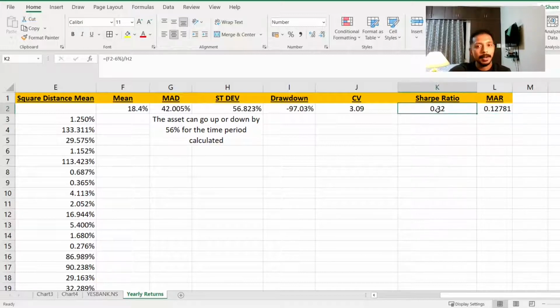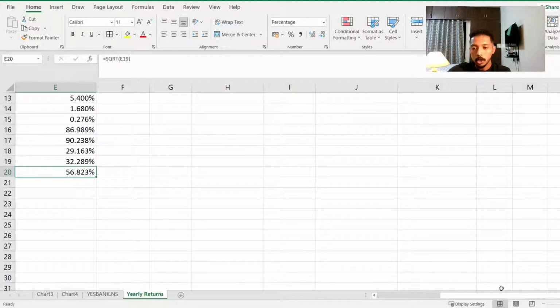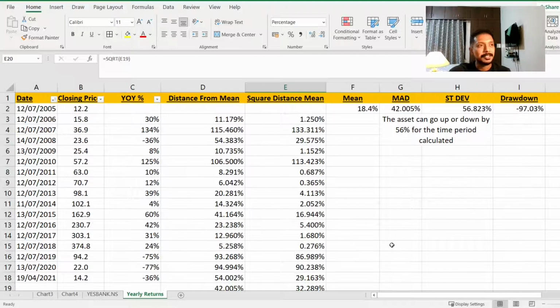So the Sharpe is already bad, but the MAR is even worse, right? Because it captures the 97, the highest drawdown which took place recently. So that's how you calculate the risk adjusted return after knowing how to calculate basic risk dispersion, right? So we've covered almost everything that we need majorly for financial modeling.